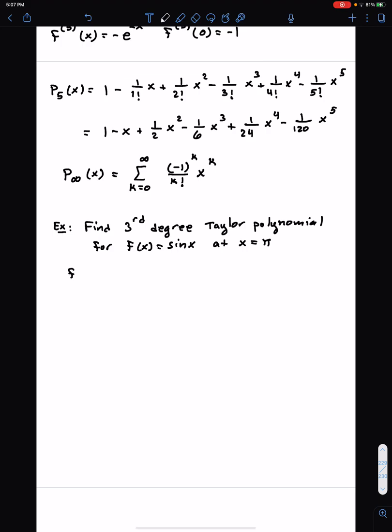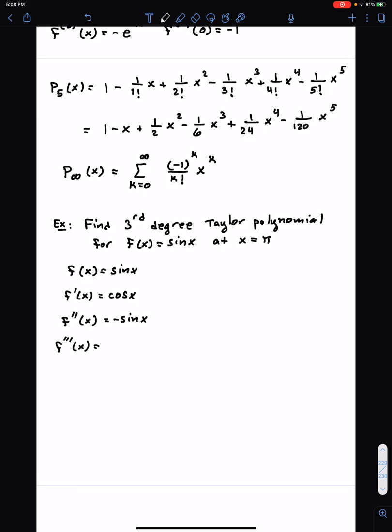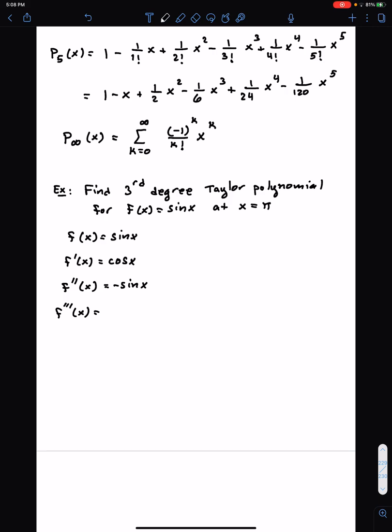So first the function is sine x. The first derivative is cosine x. The second derivative is negative sine x. The third derivative is negative cosine x.